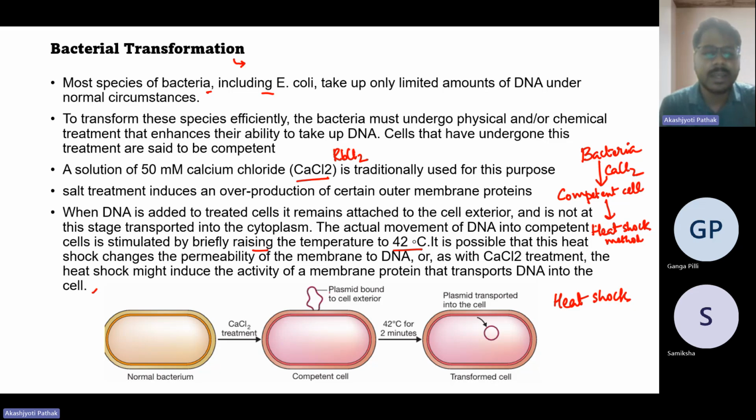Some say that the DNA is negatively charged and calcium is positively charged, so it facilitates the uptake of DNA into the cell. Some schools of thought say that the calcium chloride treatment induces the expression of some outer membrane proteins, which facilitate the DNA being taken up by the cell. This is the method that is followed, and through this method you can transfer your plasmid into the cell.